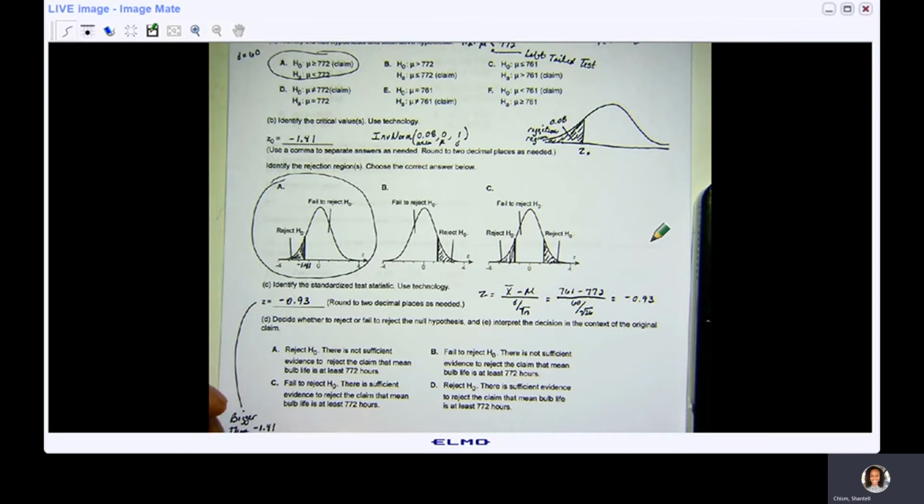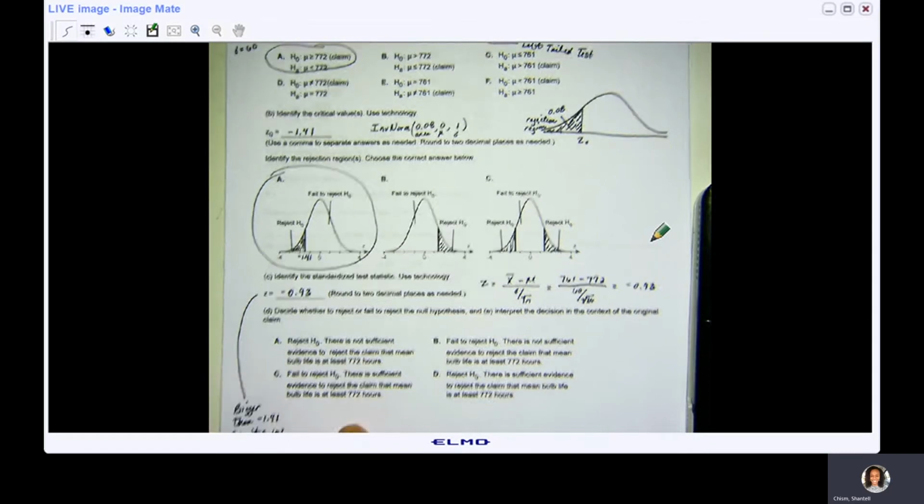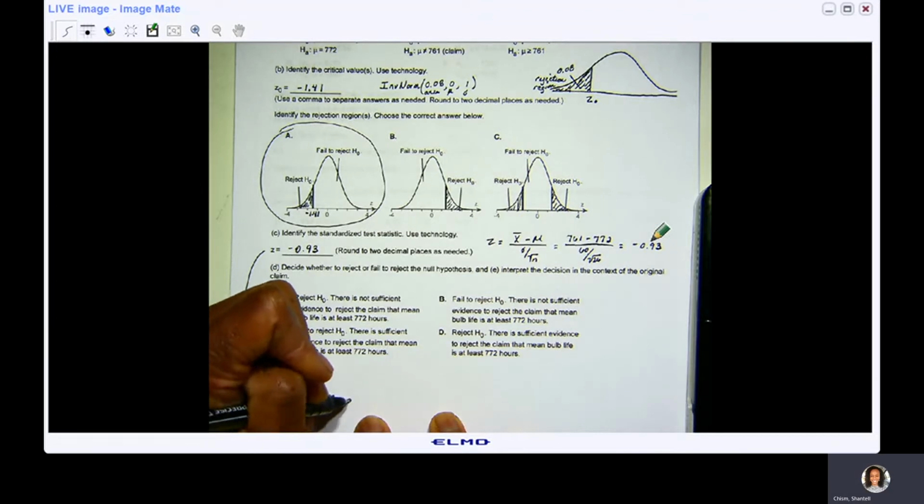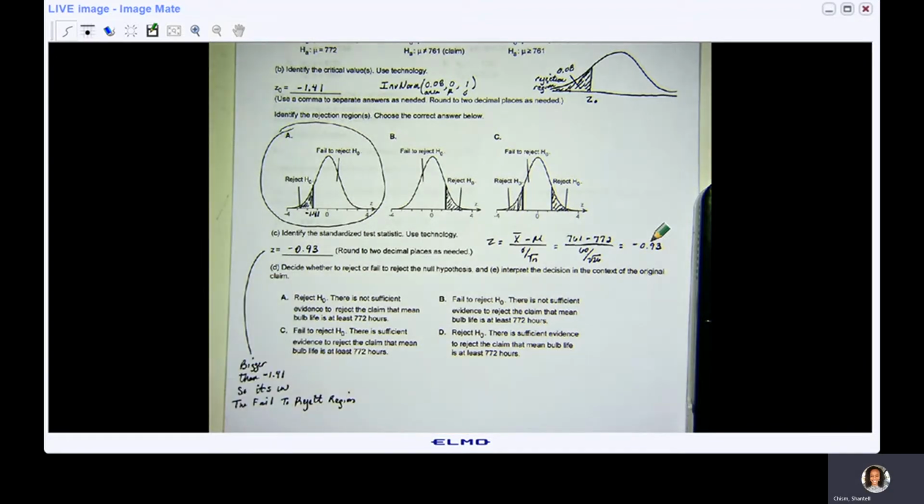So it's in the fail to reject region. Okay. So we will fail to reject.